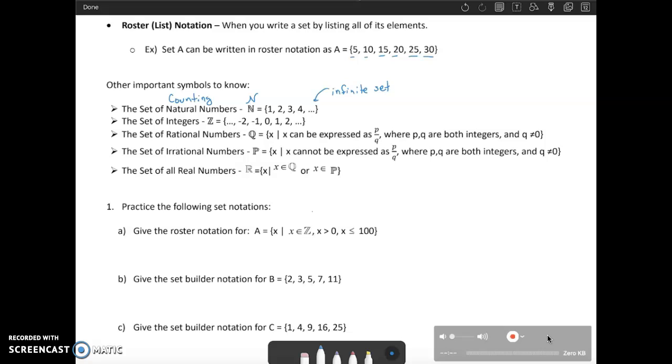The next set that you need to know is rational numbers. Usually this is denoted by a capital Q. These are all of the x's such that x can be expressed as p over q, where p and q are both integers and q is not equal to 0. So basically, these are any value that can be expressed as a fraction. Remember that all of your integers and natural numbers could also be expressed as fractions, right?